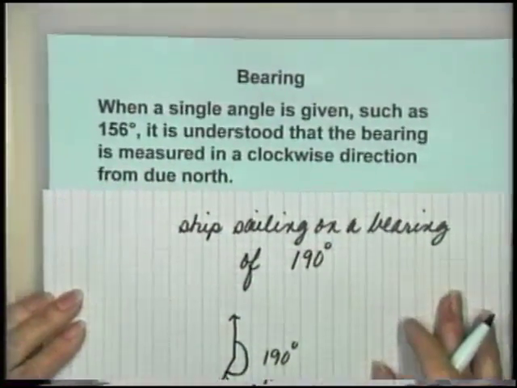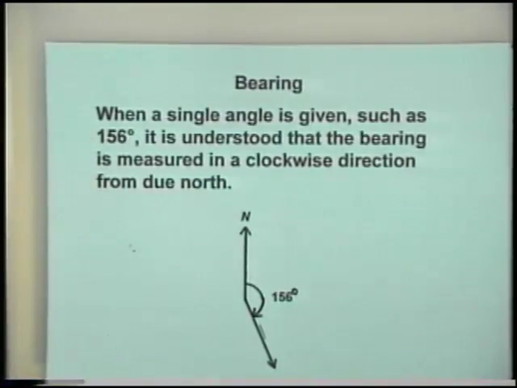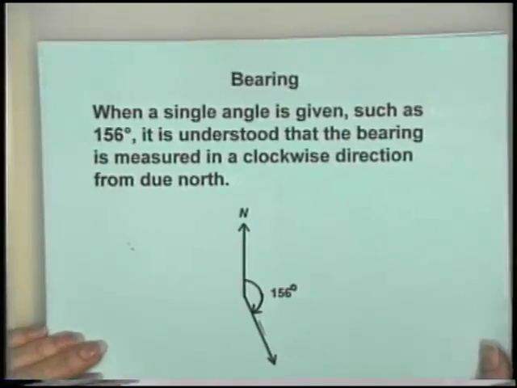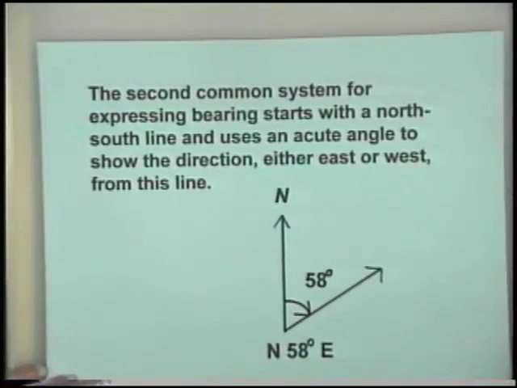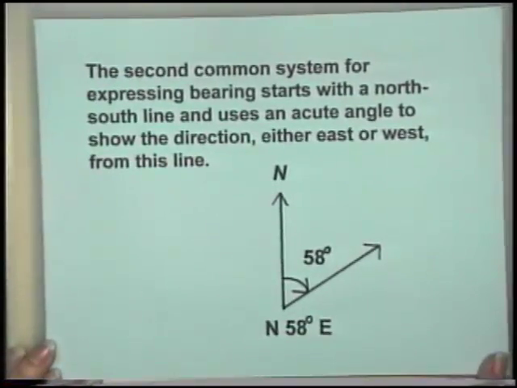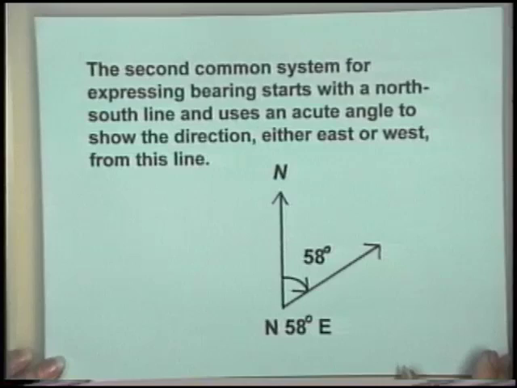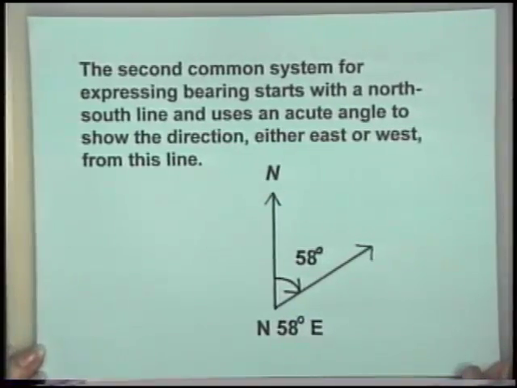Let's look at a second definition of bearing, and this is when we give two directions. The second common system for expressing bearing starts with the north-south line and uses an acute angle to show the direction, either east or west, from the line.